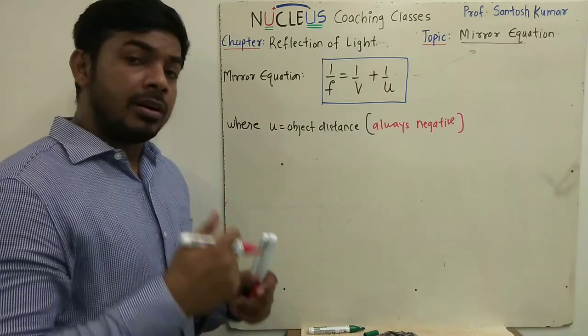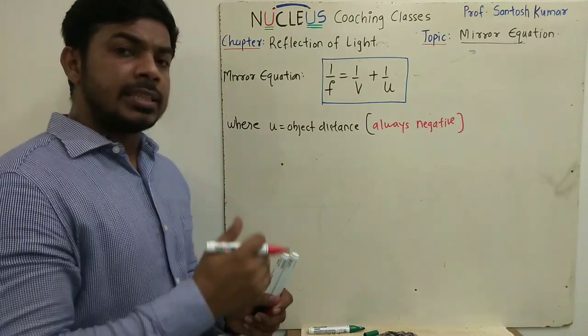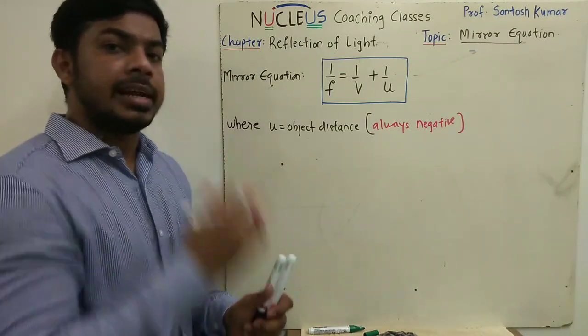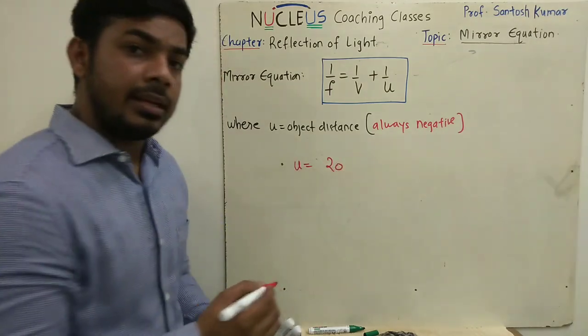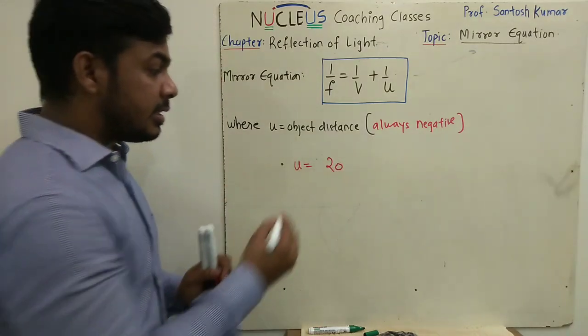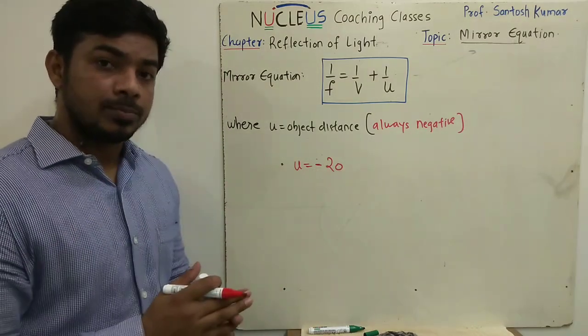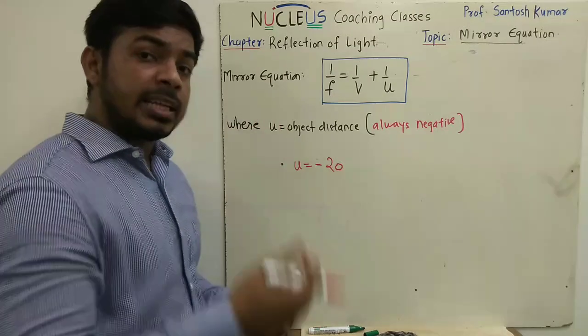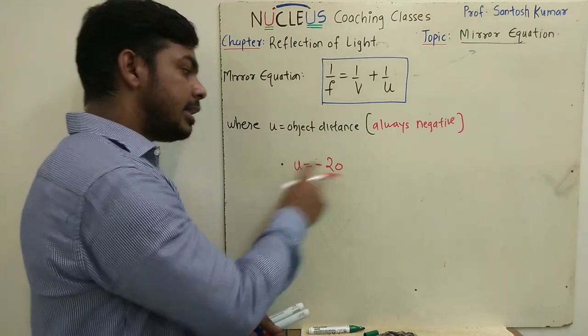That means if a question is given like this, that an object is kept at a distance of 20 centimeters from the mirror, so u is considered as 20. Since u is an object distance, you have to take it negative whether it is specified or not, right?